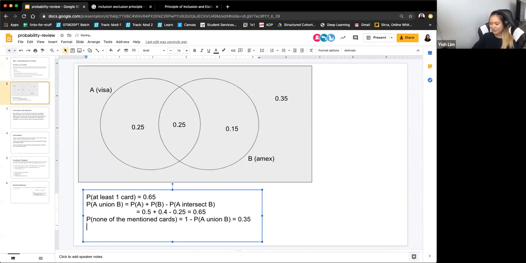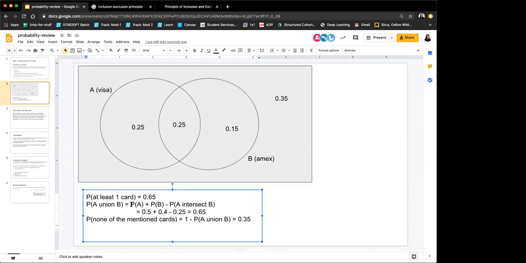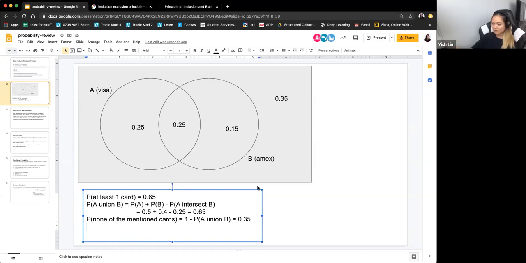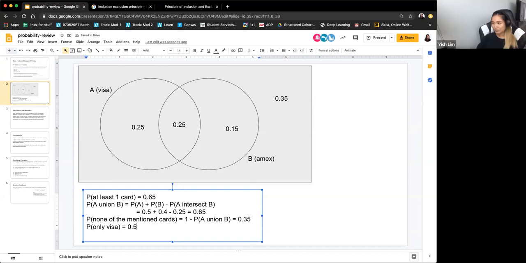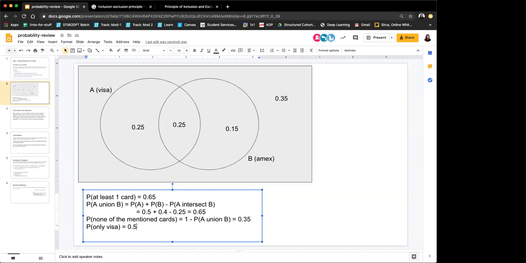However, if we didn't do this before, we would have to undo something. It's not the inclusion-exclusion principle, it's something completely different. If it's the probability of only Visa, you know that 0.5 is Visa, but part of it has other cards too.